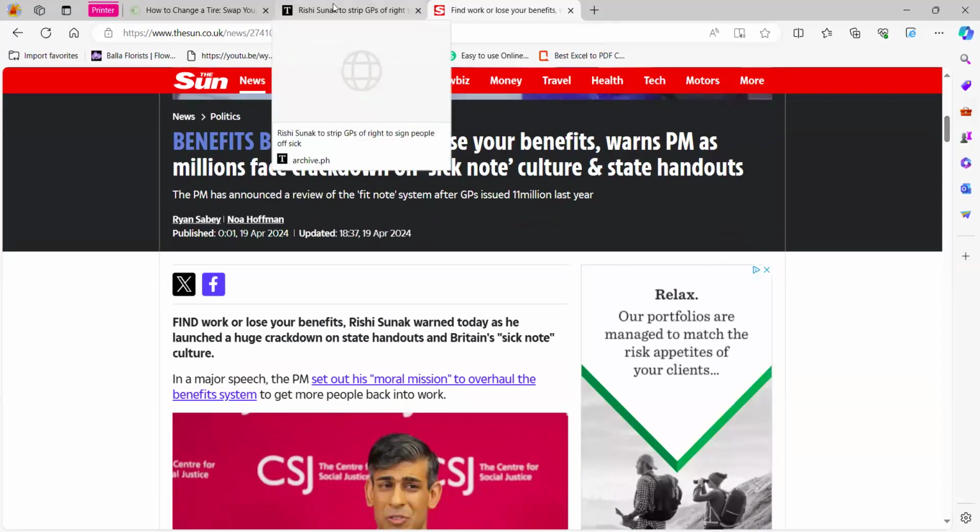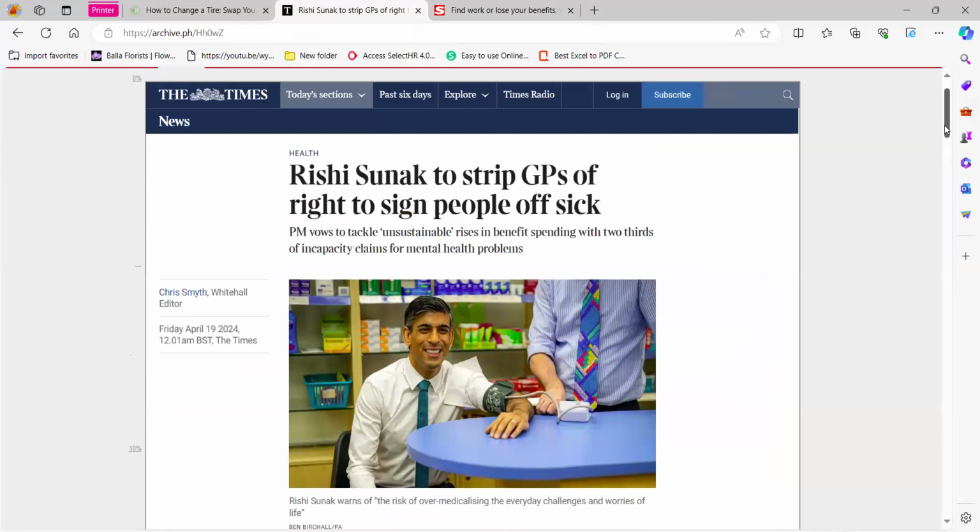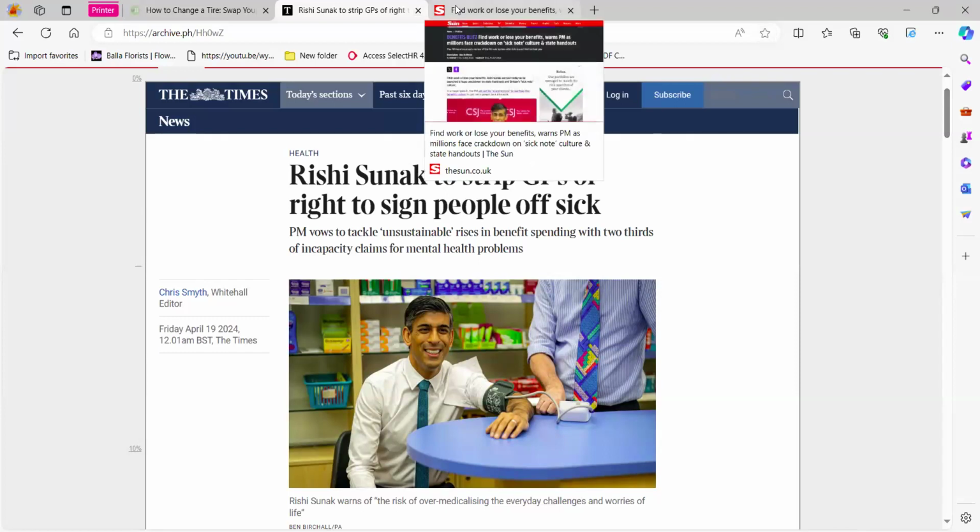And let's look at the Times. We have one smaller picture there. "Rishi Sunak to strip GPs of right to sign people off sick. PM vows to tackle unsustainable rises in benefit spending with two thirds of incapacity claims for mental health problems." So which one do people think is more serious, more measured?